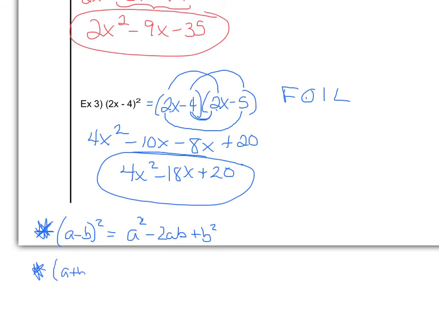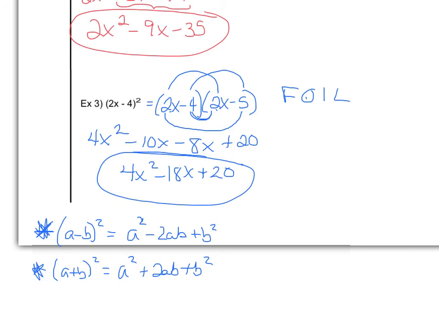A plus b squared is always going to be a squared plus 2ab plus b squared. I get those formulas by writing these twice and foiling them each out. Like I said, not formulas you have to memorize, but I like to add them on there because they are a shortcut if you do choose to memorize them.